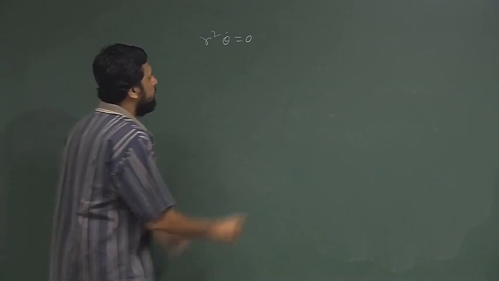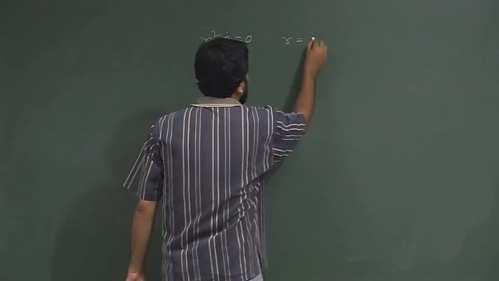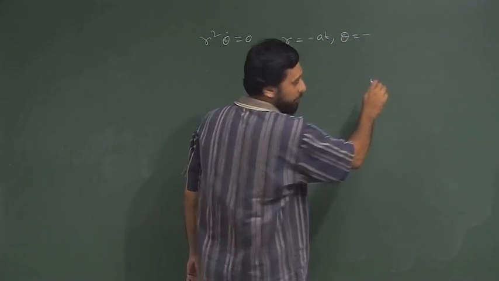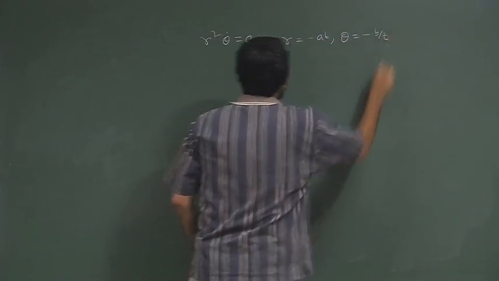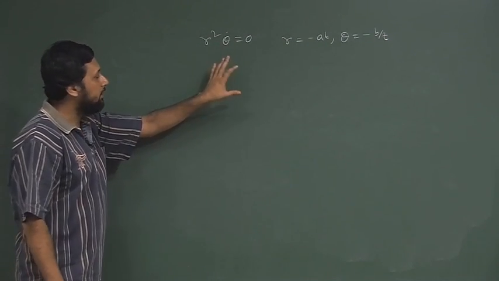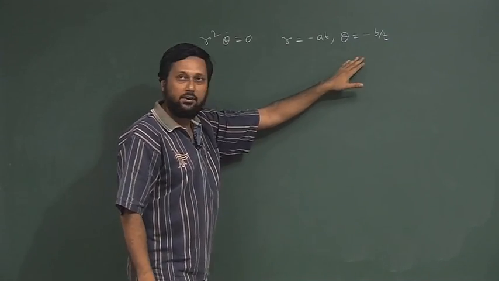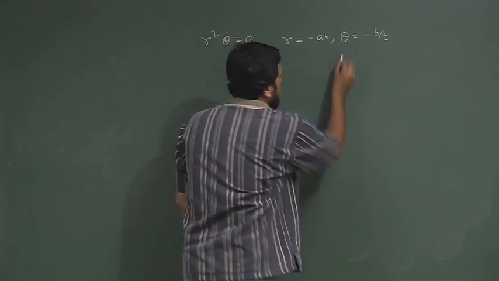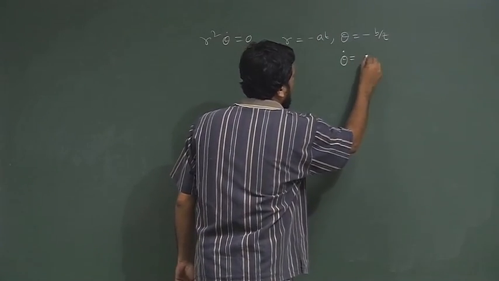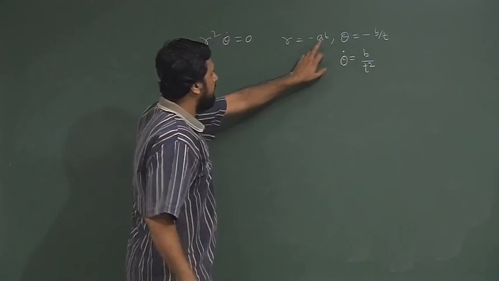So, if we can prove that for this particular set of parametric equation, which is r equal to minus a t, theta equal to minus b by t, we can prove that r square theta dot is constant, then that essentially proves that this set of parametric equation represents a central orbit. Now, theta is equal to minus b by t. So, theta dot is equal to b by t square, t being a time.